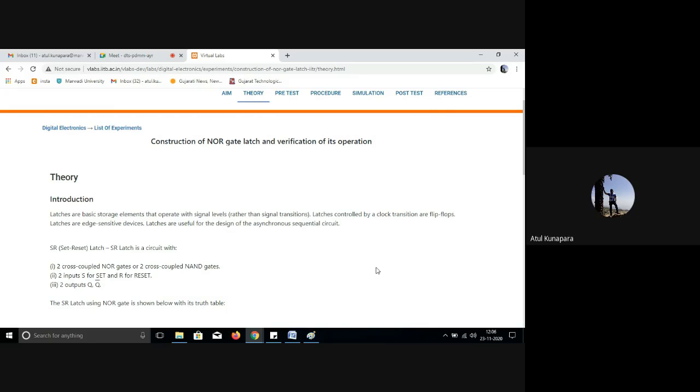So there are various circuits we have already discussed. All these circuits are developed using combinations of various logic gates, and that is why it is called a combinational logic circuit.